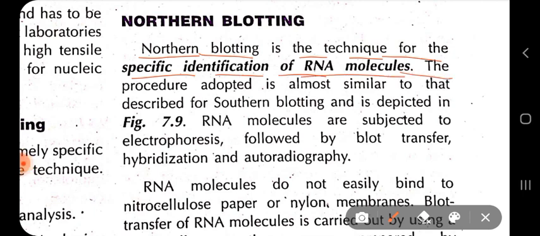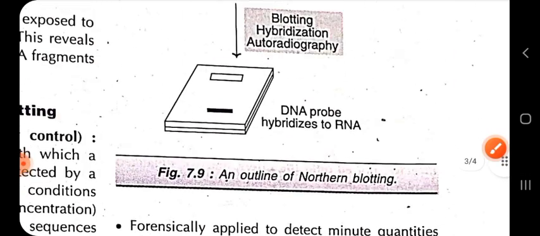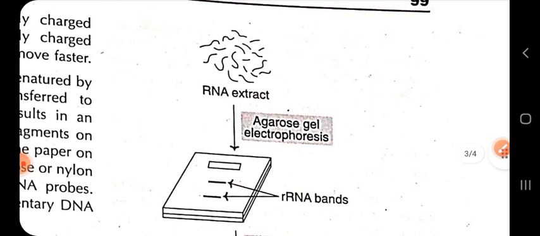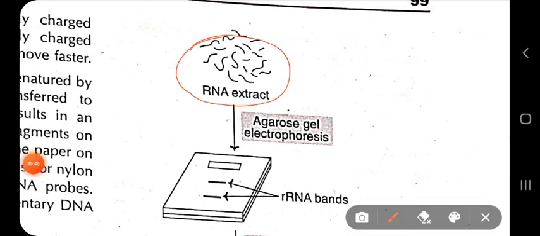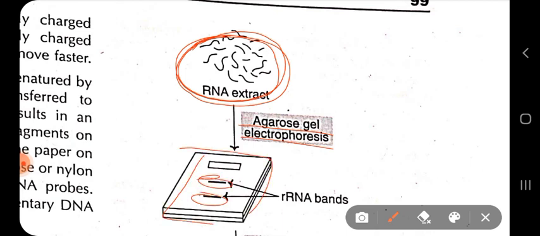The procedure adopted for northern hybridization is similar to that of Southern hybridization and is given in the figure above, where you can see we have to extract the RNA. Then the RNA has to be digested with restriction enzymes, and then subjected to agarose electrophoresis, where we will get the RNA bands.